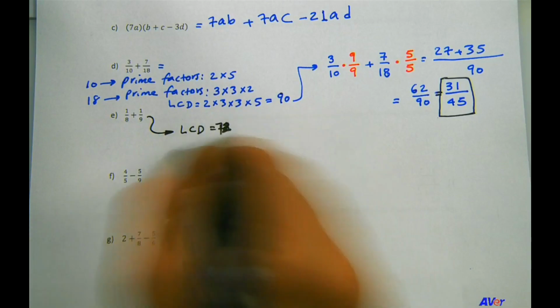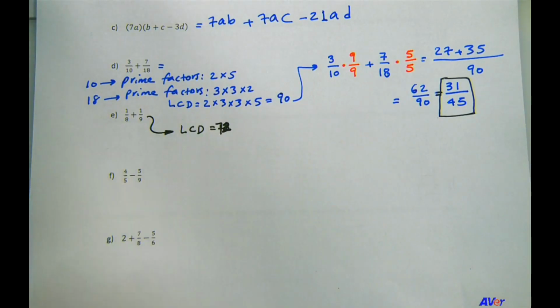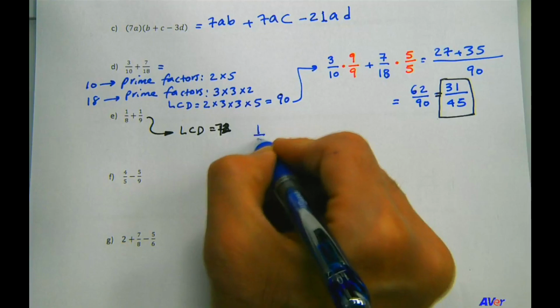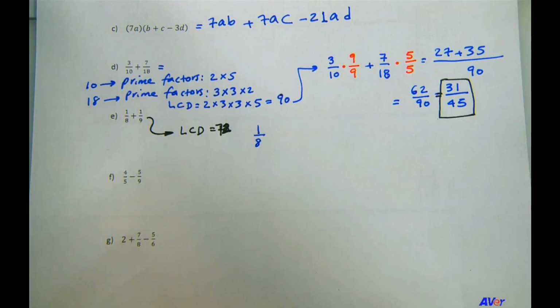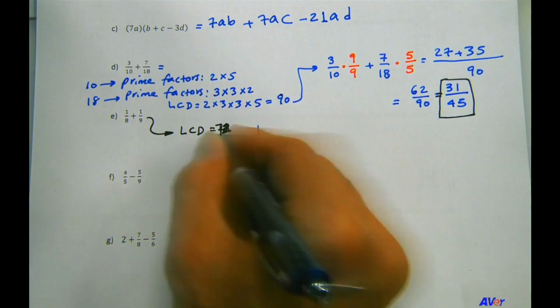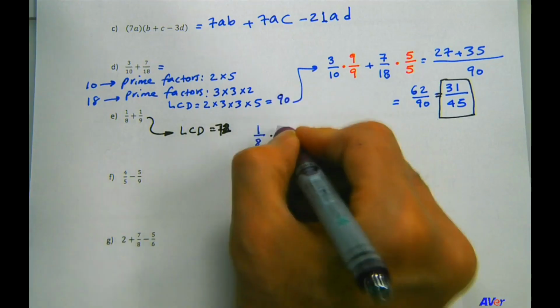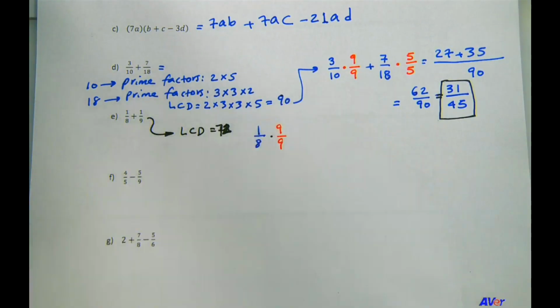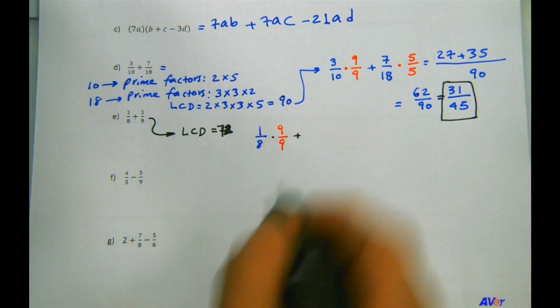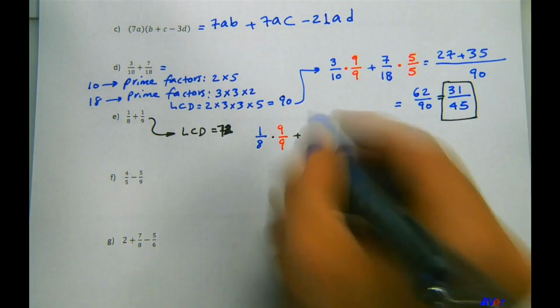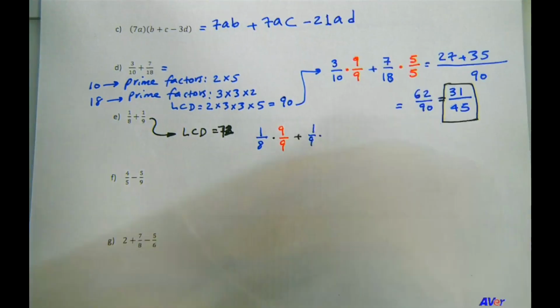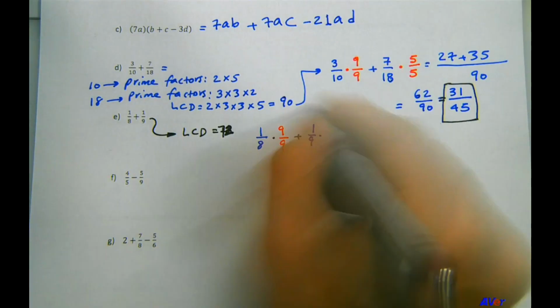And so let's use that then. We have 1/8 times, we need to get our denominators to be 72, times 9/9 plus 1/9 times 8/8.